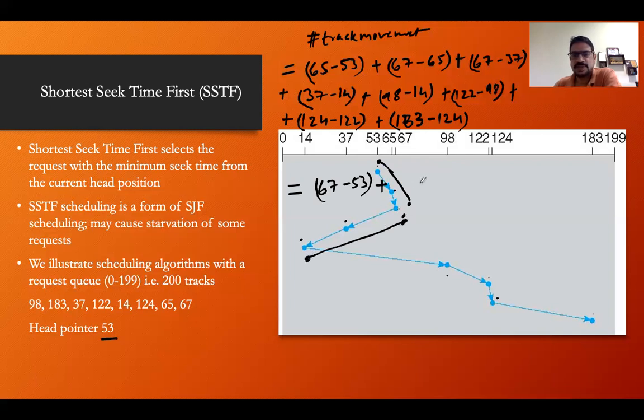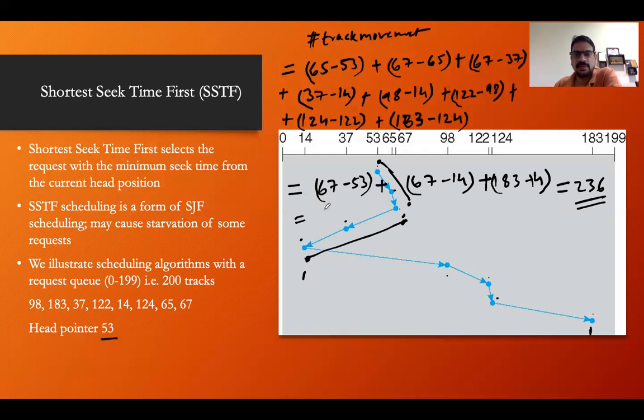So it will be 67 minus 14, plus I move from this direction to this direction, meaning 183 to 14. So 183 minus 14. This is also giving the same answer. So it will be around 236. You can calculate it if you want.